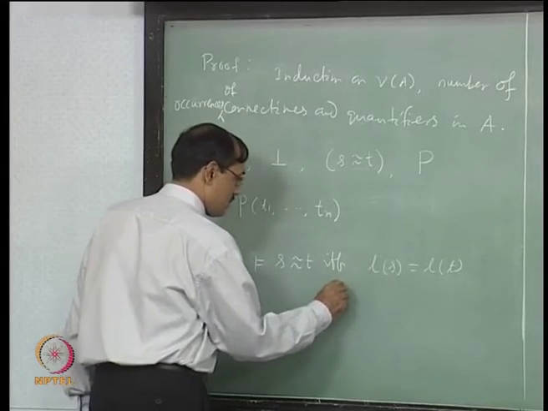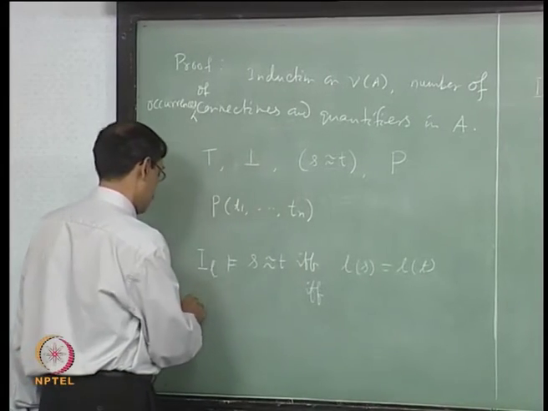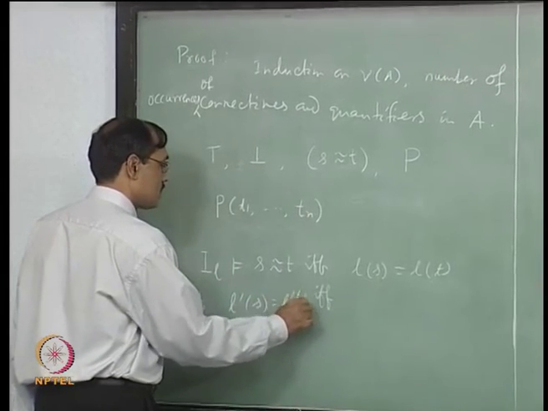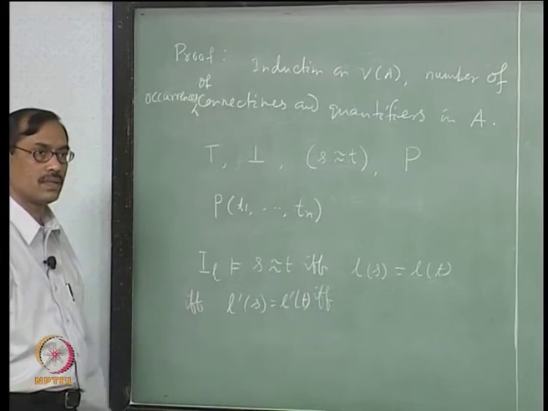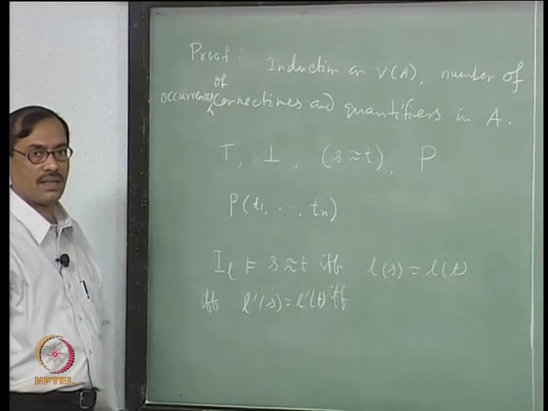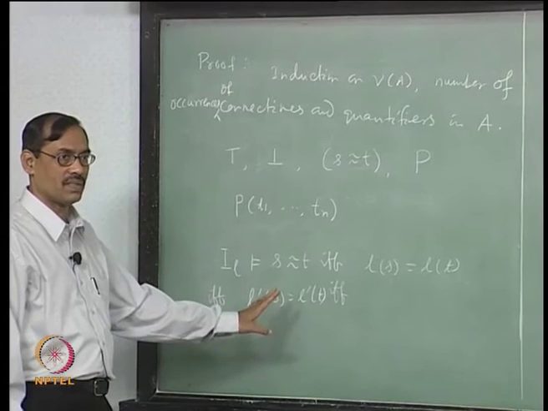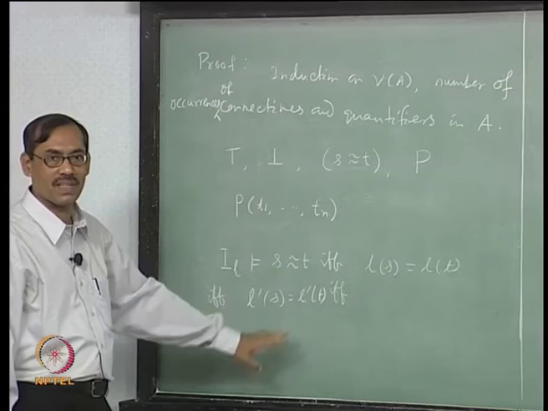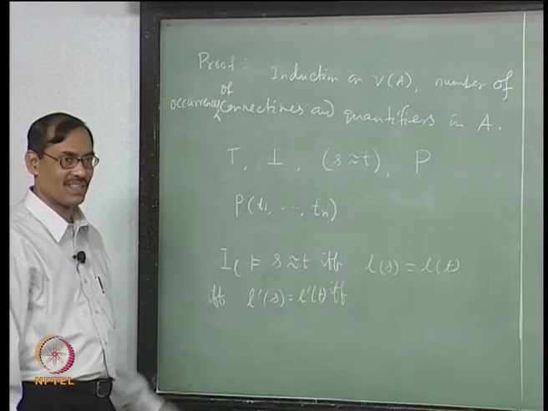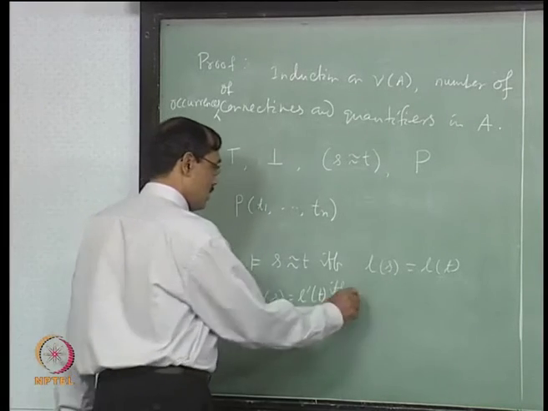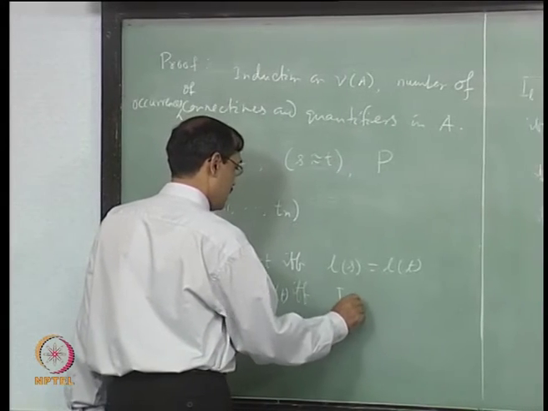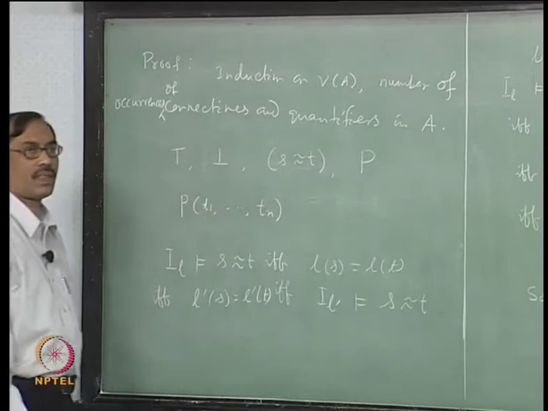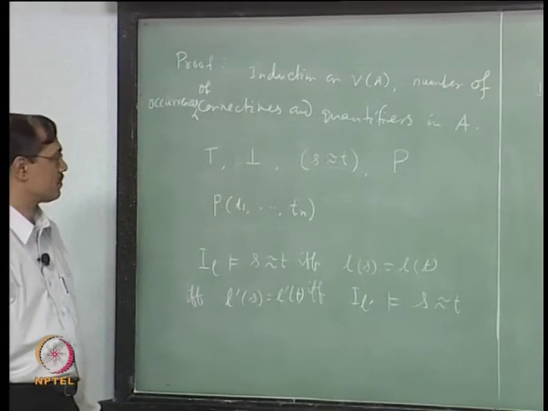Then this will give L prime of S equal to L prime of T, since on the variables they are interpreting the same way, whatever be the variables, whether it is originally quantified or not quantified in A, we are not bothered, right. There is no quantification here, of course. Then this happens if and only if I L prime satisfies S equal to T. So, this case is clear.